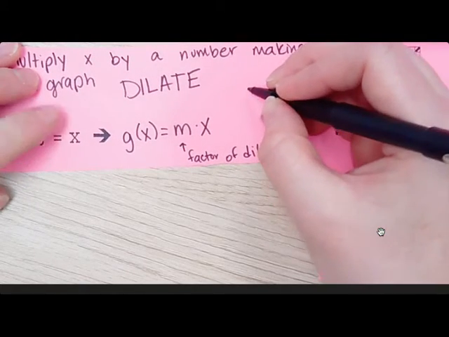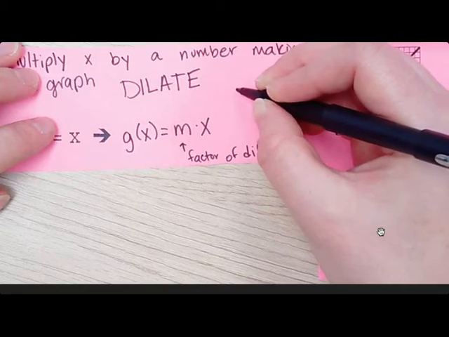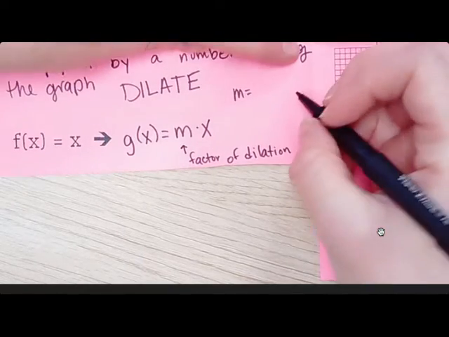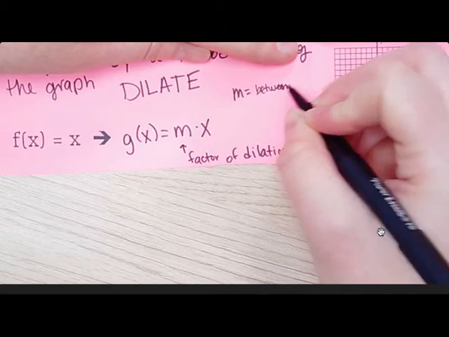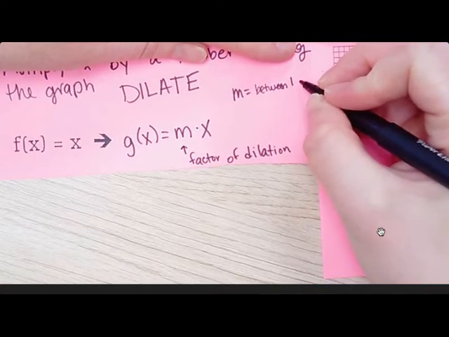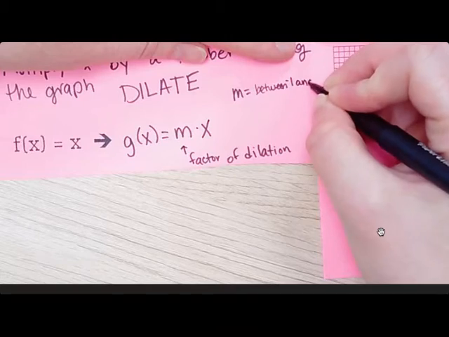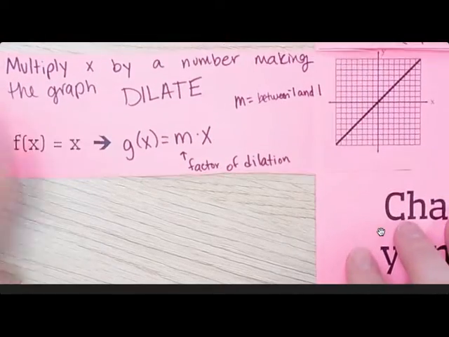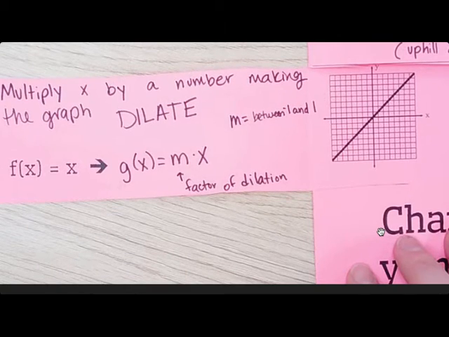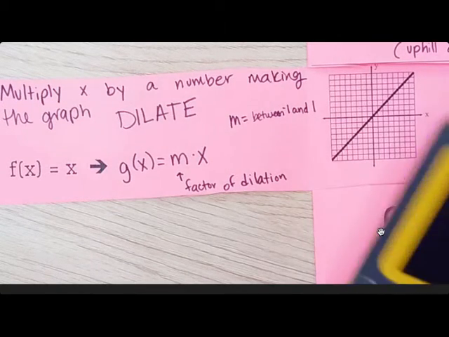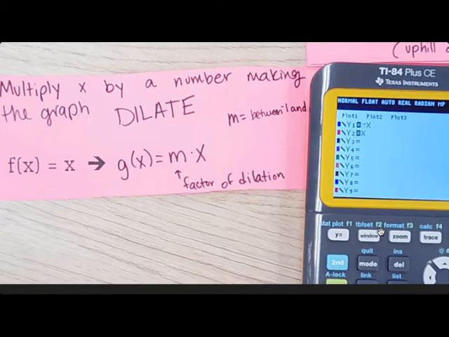If m is a number between -1 and 1, like 1/3 or 2/3, what's going to happen? Let's go back to our calculator.